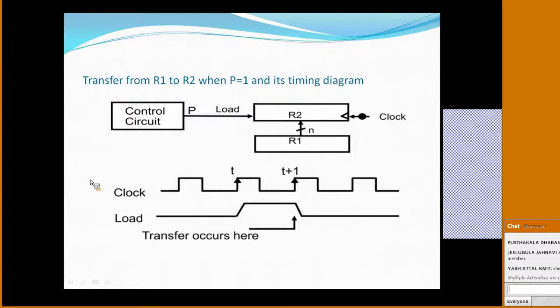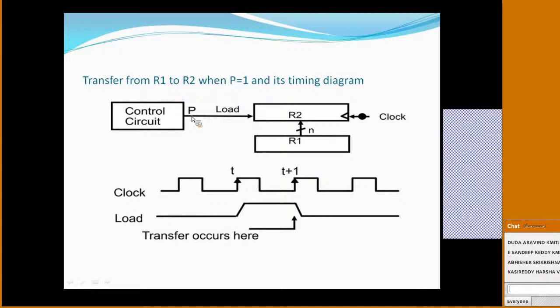When you represent this with a timing diagram, assume that here we have different clock pulses, and this is the load content. When the load value is low, there is nothing to be loaded into R2, meaning the value of P is equal to 0.